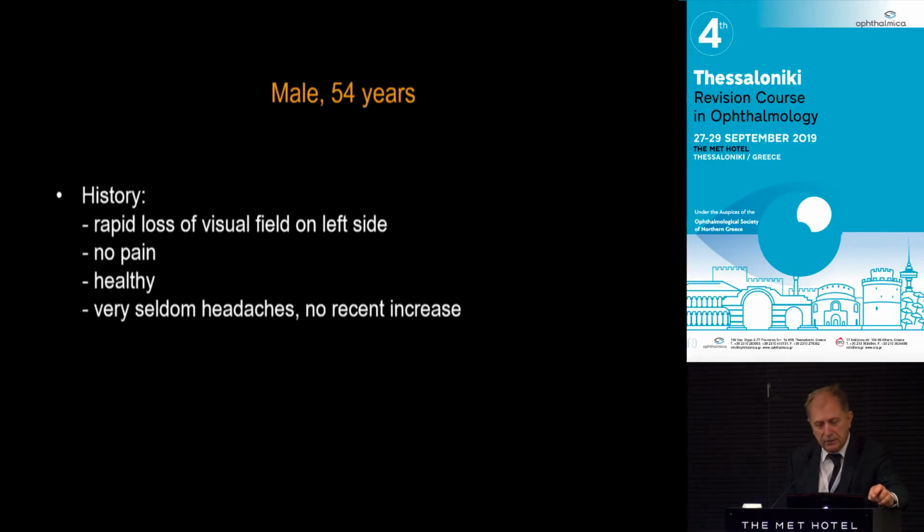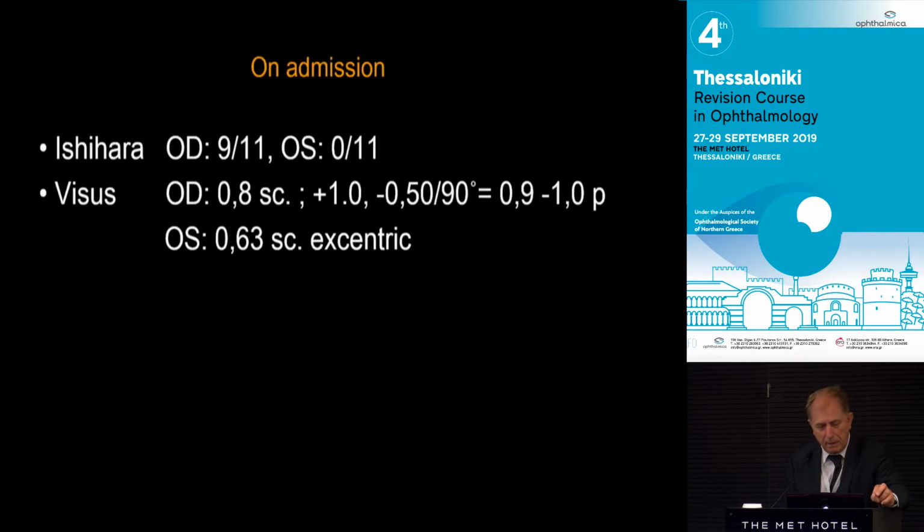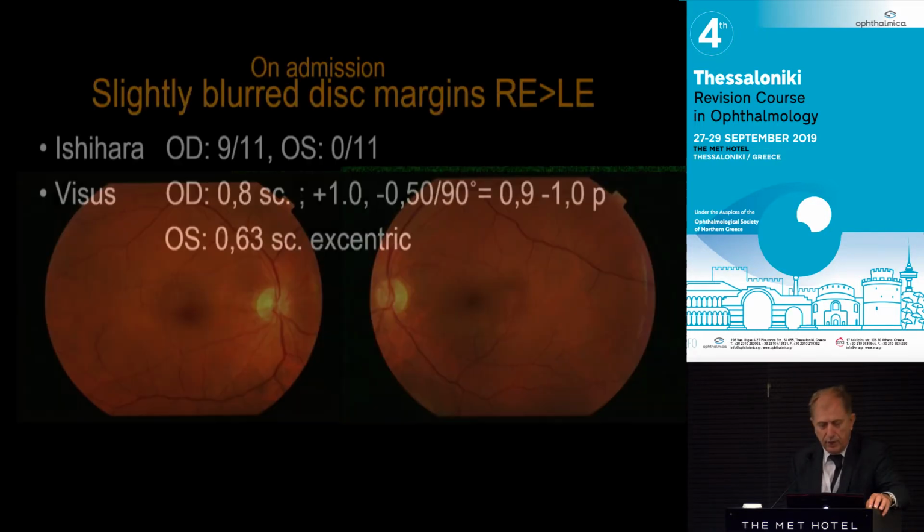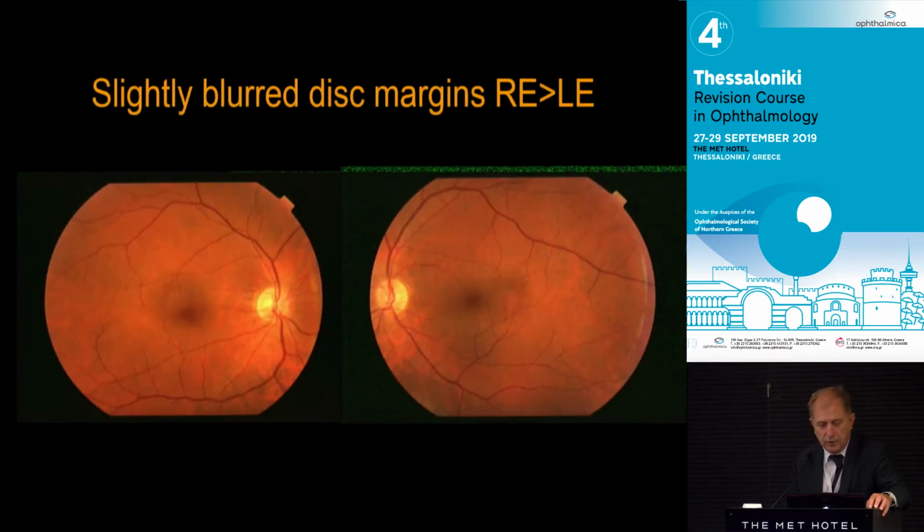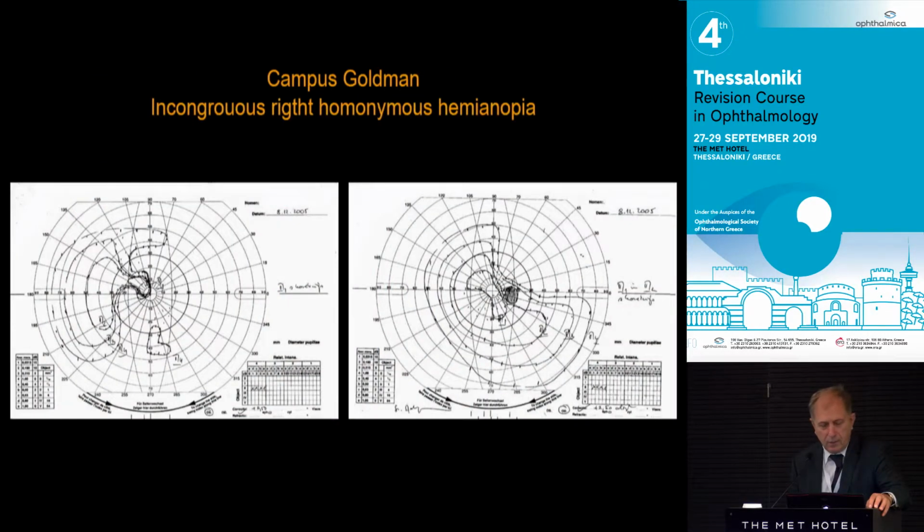And this one was even more tragic. It was a 54-year-old normal gentleman, coming to us with some complaints of non-specific visual field loss. Vision was 0.6 in the poorer eye, normal in the other, with slightly blurred disc margins on the right eye. But what you see here is a homonymous hemianopia of incongruous type.